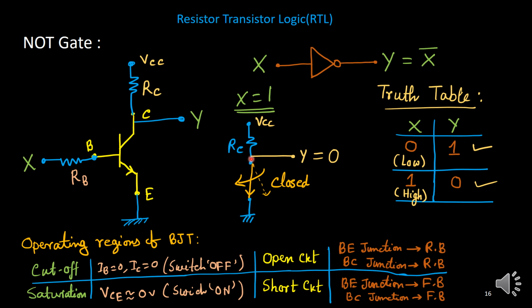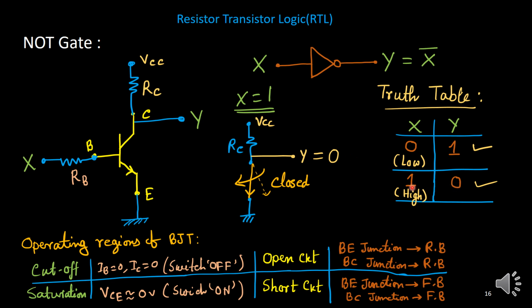So this potential will become 0. A huge current will flow, IC will be there, and the voltage drop will be IC into RC. So you are going to get 0 potential here because it is connected to ground now. So when you apply 1, you get 0 output, logical 0.